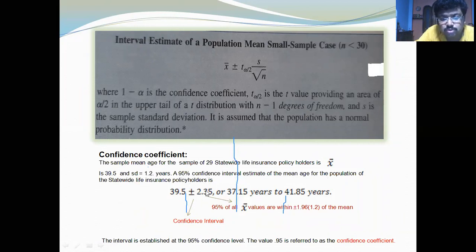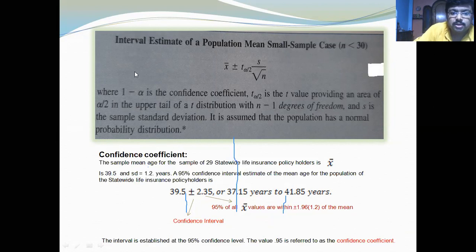This is the result. As an example here, we find that 95% of the value of a normally distributed random variable lie within plus minus 1.96 multiplied with 1.2. That is the standard deviation.